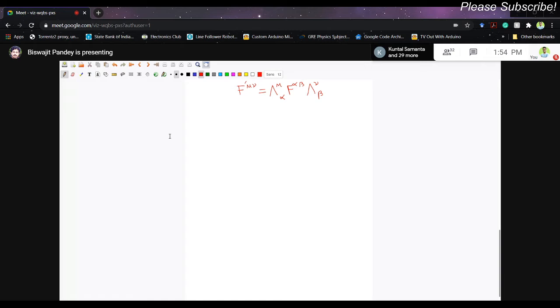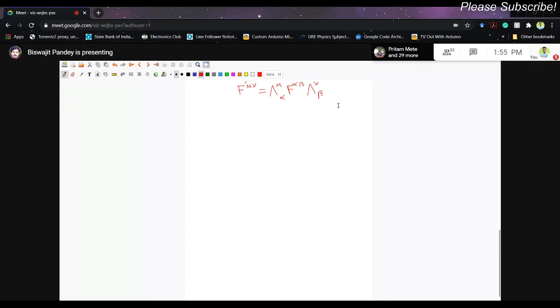But remember, a common mistake is this: this second rank tensor is clubbed between two Lorentz transformation matrices. Someone may wonder whether I can put the two Lorentz transformation matrices side by side and put this tensor at the end of this.